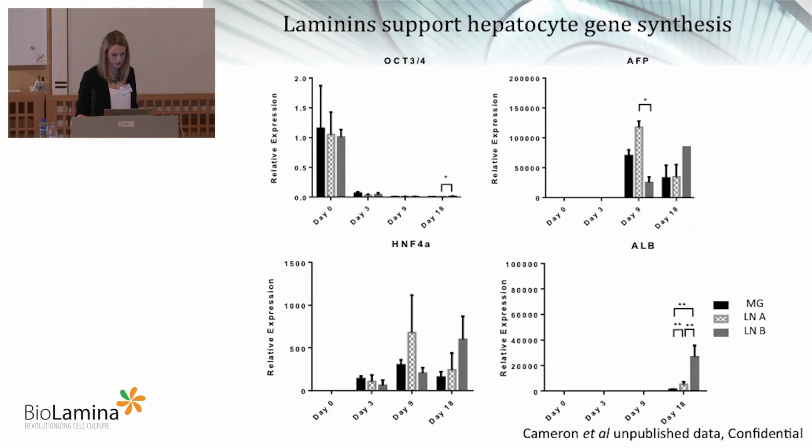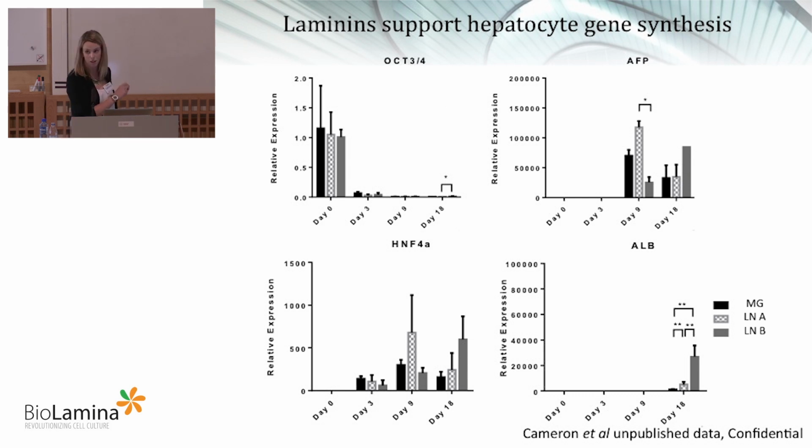So laminins actually support hepatocyte gene synthesis in a similar fashion to Matrigel, using the same media, the same culture conditions, but just culturing the cells on laminins from day 1 or day 0. So day 0, they express pluripotency associated genes on Matrigel, which is the black.